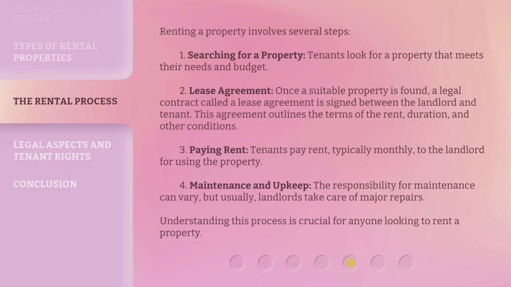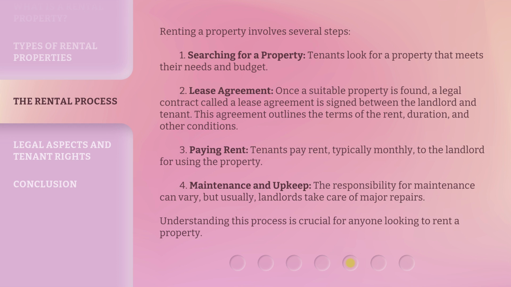Renting a property involves several steps. 1. Searching for a property. Tenants look for a property that meets their needs and budget. 2. Lease agreement. Once a suitable property is found, a legal contract called a lease agreement is signed between the landlord and tenant. This agreement outlines the terms of the rent, duration, and other conditions. 3.